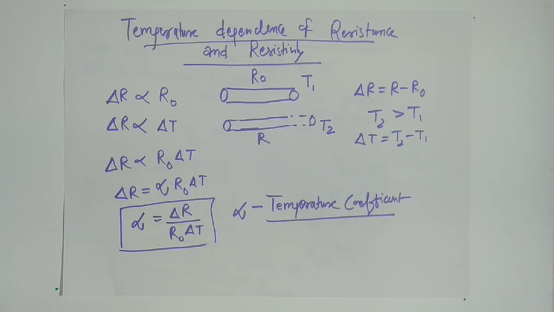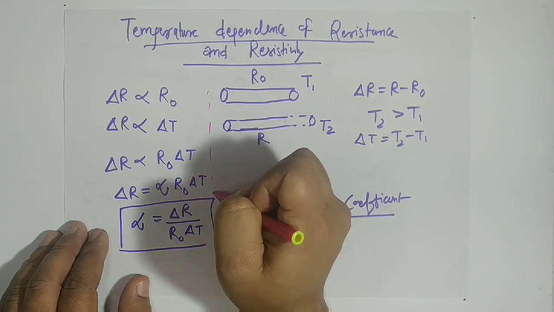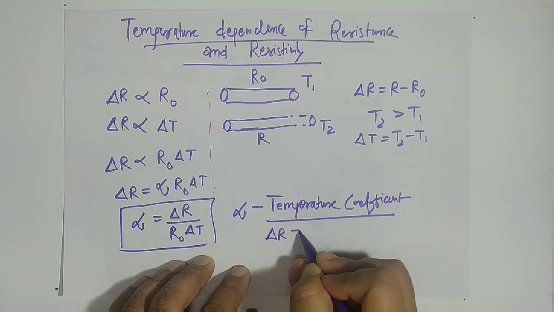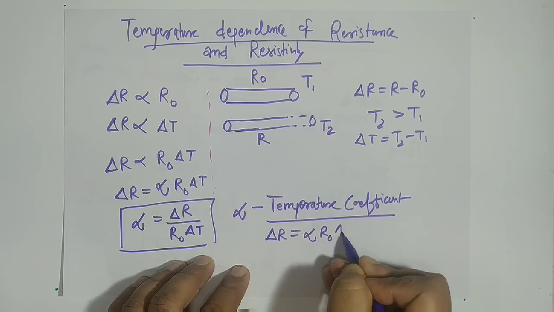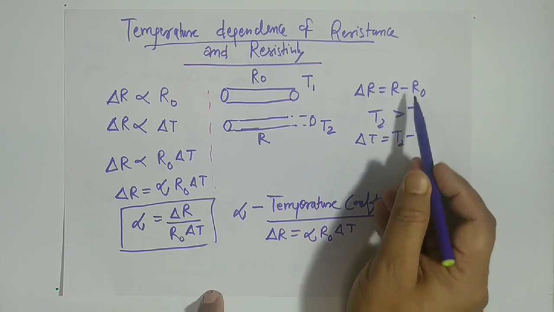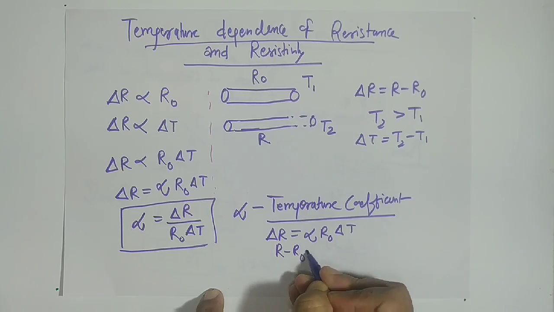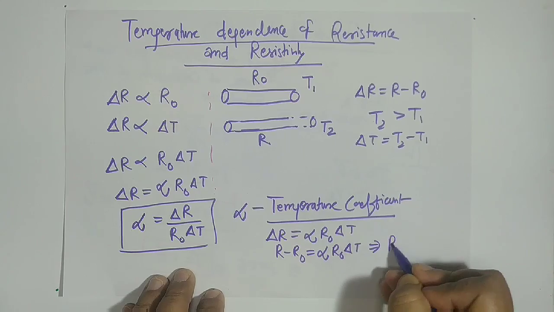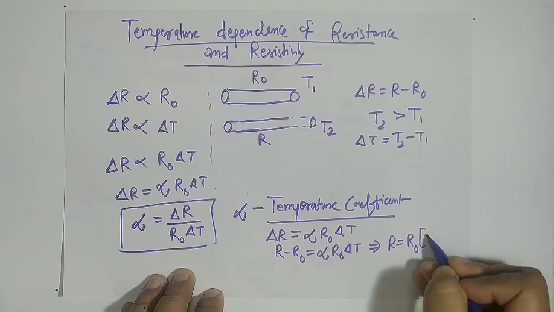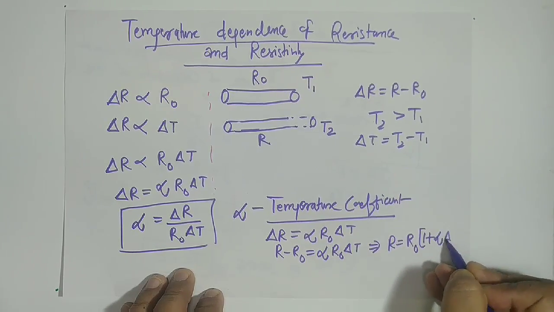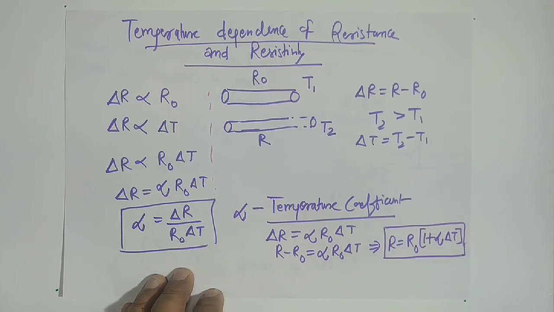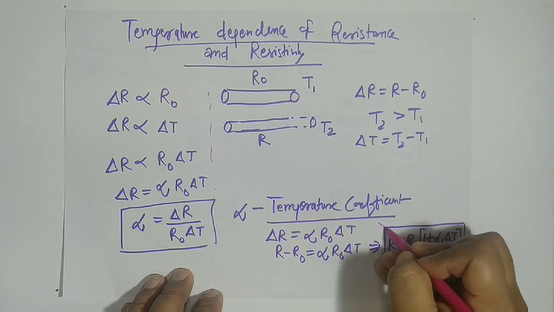This is the temperature coefficient. So this will decide how the behavior of the material is changing with the temperature. And then can I write delta R equals alpha R naught delta T, and in place of delta R you can write R minus R naught, and this will finally be R equal to R naught into bracket 1 plus alpha delta T. This relation you have written in class 11, and even you have done one numerical based on this, if you remember.